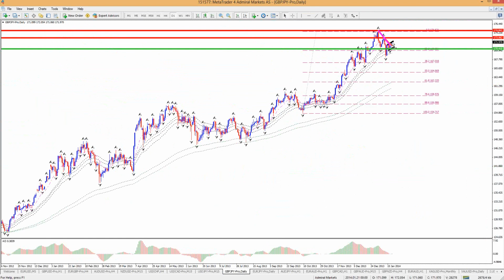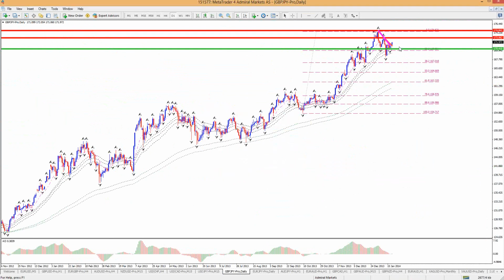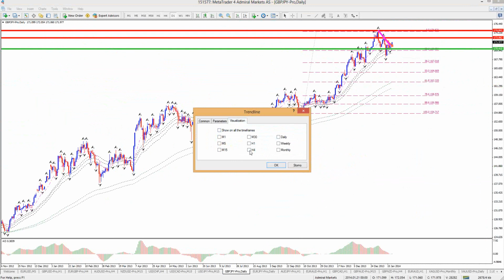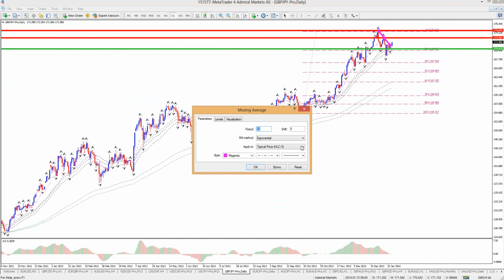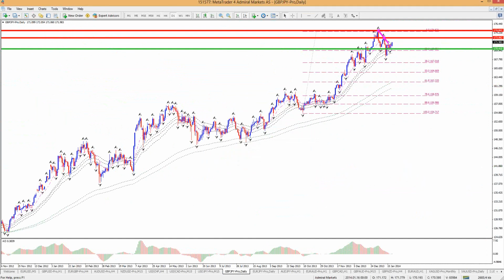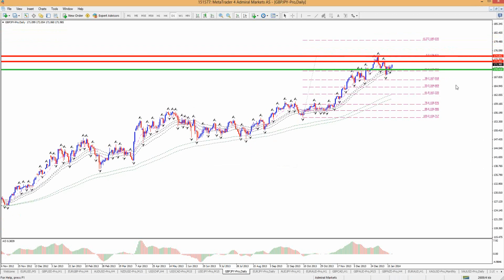Let me get rid of these tools here, one second. Good. The bigger target, minus 272, if we do break out.